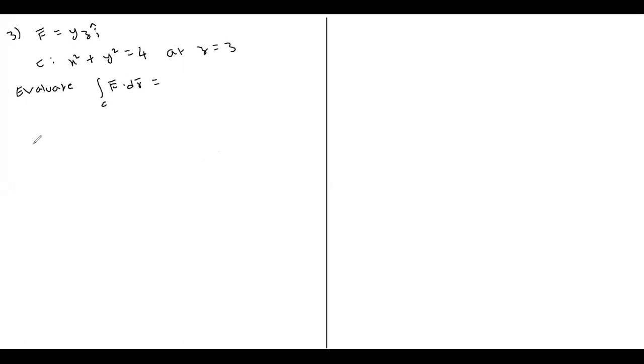So how do we do this problem? As I said earlier, whenever it is possible, always try to visualize graphically. So what is the visualization of this? This is the z-axis, this is the x-axis, this is the y-axis. Now, x square plus y square equal to 4 is a circle, with center at origin and radius 2, two-dimensionally.